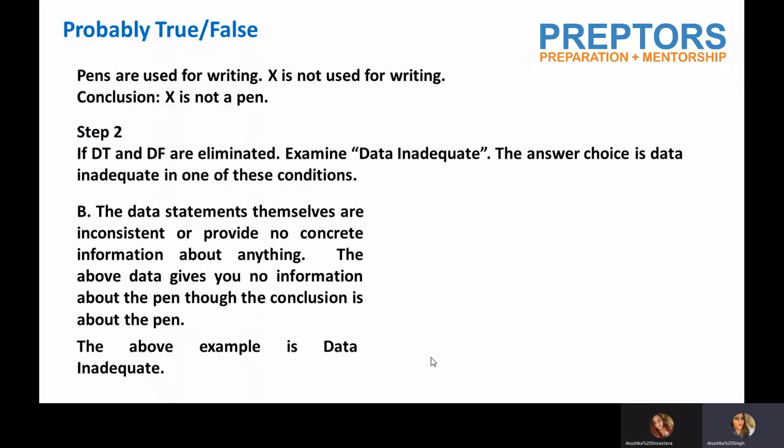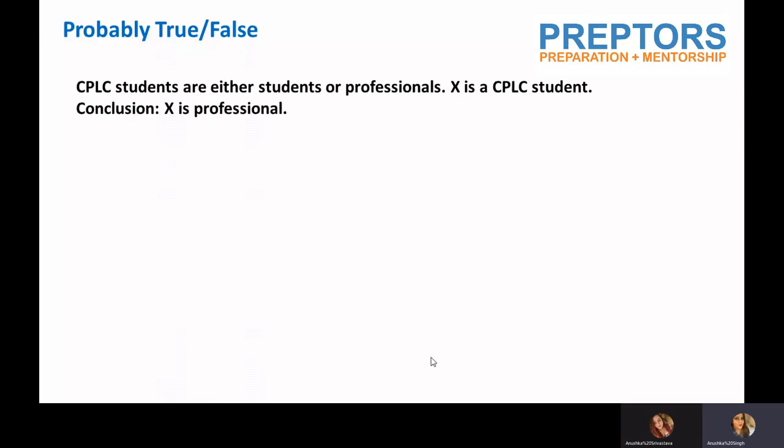Okay, further now. We've seen when to use DT and when to use DF. We have also seen DI, right? Now we have PT and PF. For PT and PF, if DI is eliminated, let us evaluate probability. Now here it says that students are either professional or not. So what is the chance of X being a professional? 50%, right? And what is the chance of X being a student?